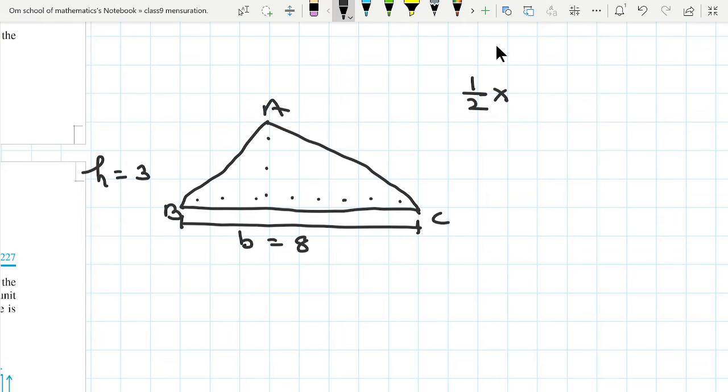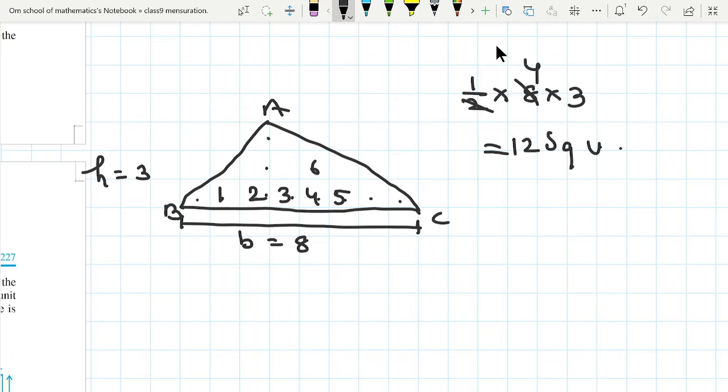Or if you want to count, you will find there are 8 complete squares. Now count the incomplete squares: 1, 2, 3, 4, 5, 6, 7, 8.